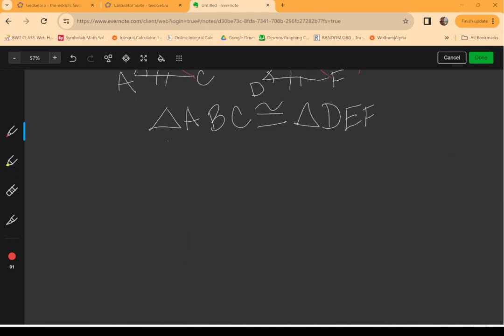Let's take a look here just so we're on the right page. So we have a triangle here. Let's say triangle A, B, C. All right. So there are three sides here.